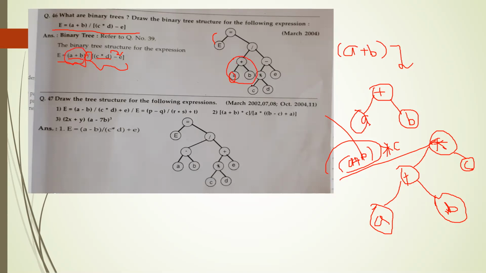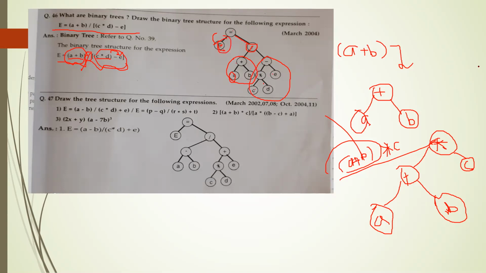Next is C into D minus E. Minus E is here. So this bracket is complete. Now A plus B is divided with this bracket. Division of these two equals to E.